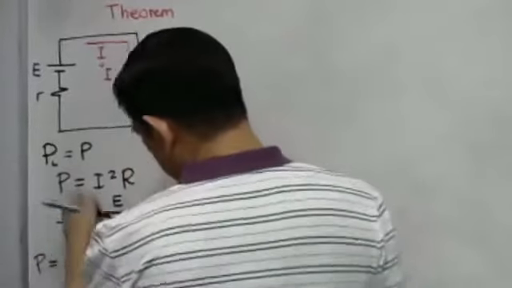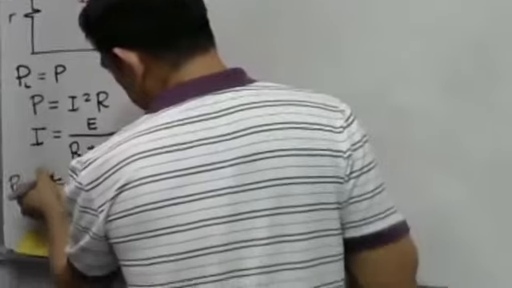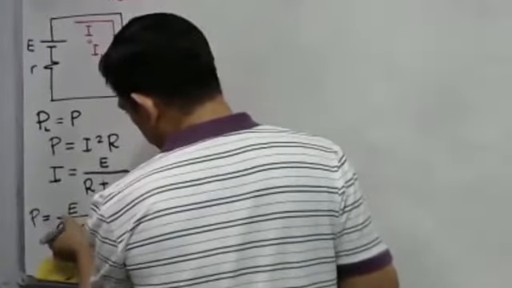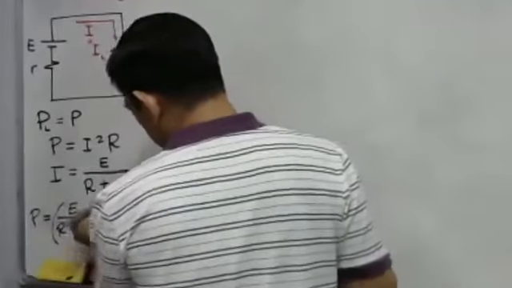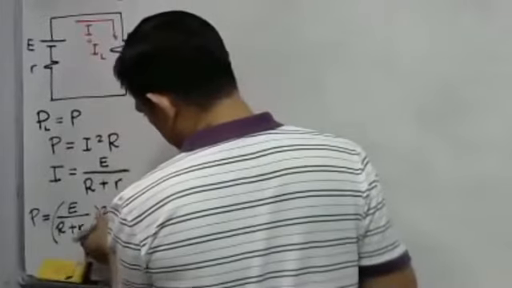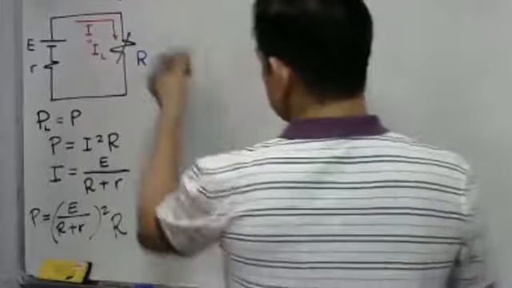So our power will be equal to, our I is E over big R plus small r, that quantity squared, then multiplied by big R. So we have this formula. Let us simplify.